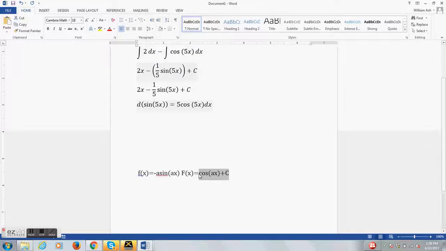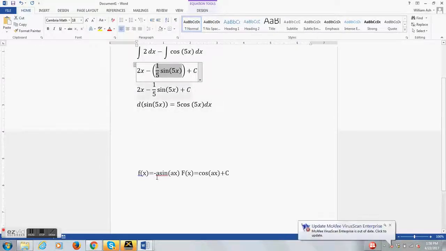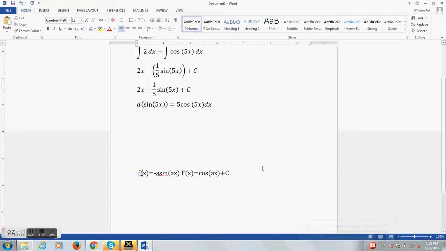But look, you're putting the a in the wrong spot if you put a 5 here. This is your f prime, that's your lowercase f, and this is your uppercase F. I'm taking the antiderivative. The derivative of cosine would be minus sine times a.